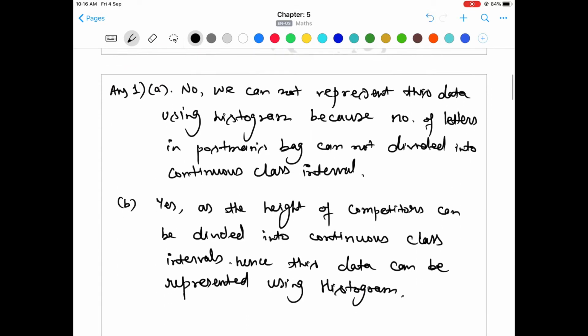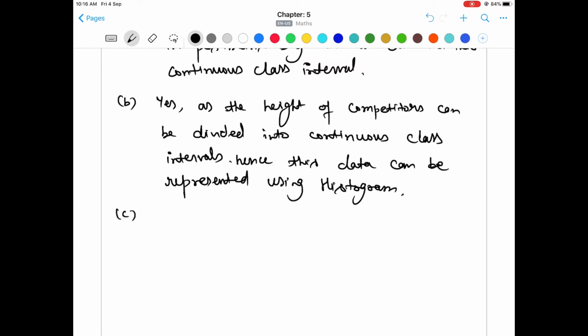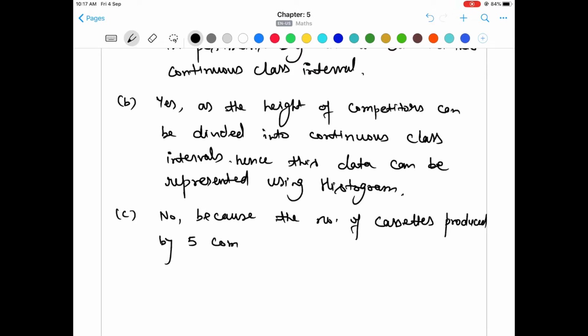So again, the answer for this one is no, because the number of cassettes produced by 5 companies cannot be divided into continuous class intervals.